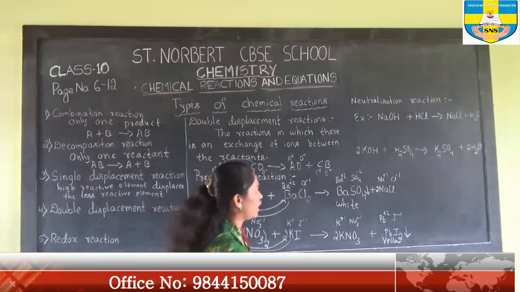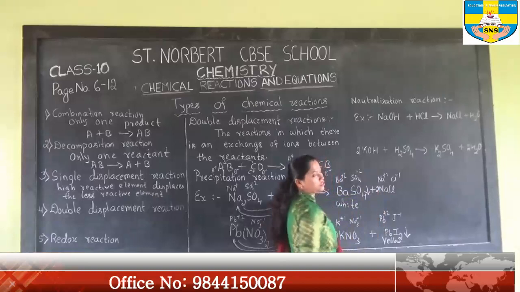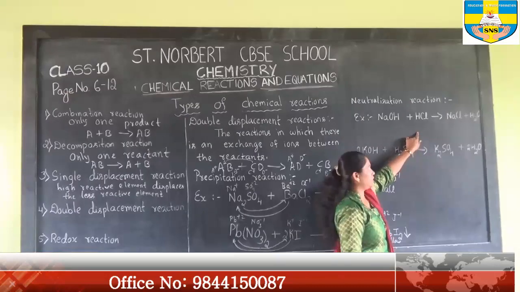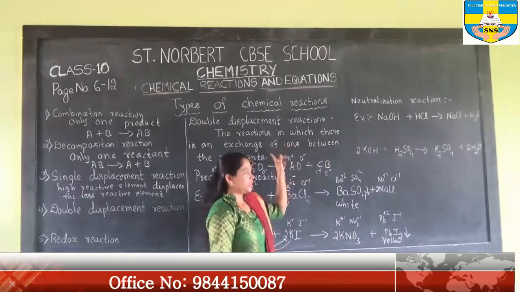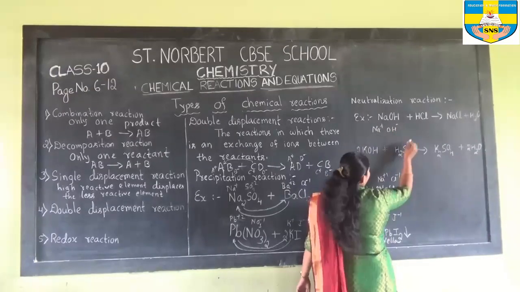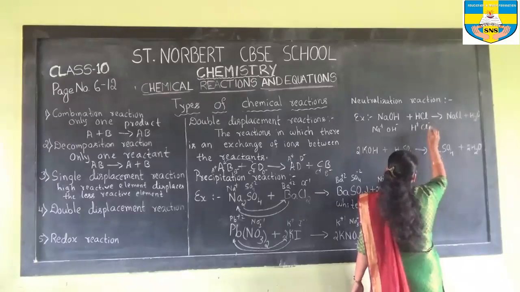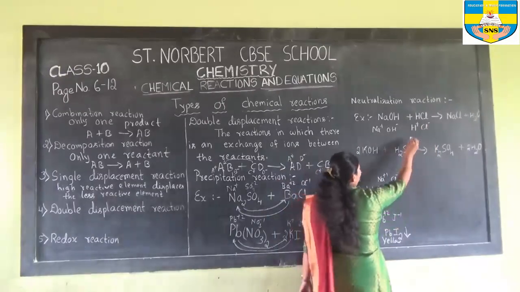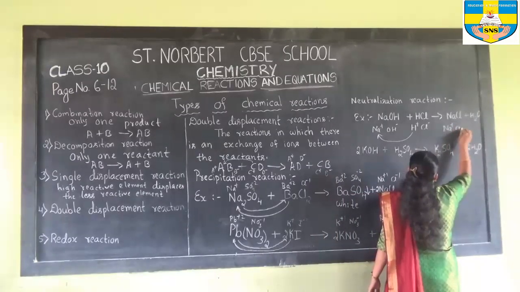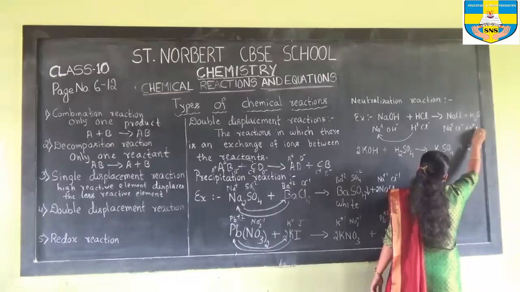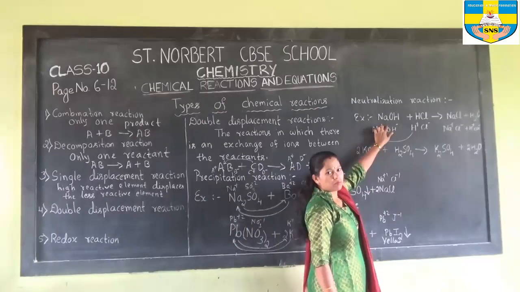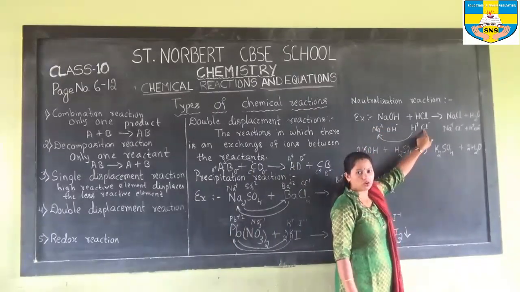Now we will see one more example. Here NaOH, sodium hydroxide, reacts with hydrochloric acid, HCl. So here also an exchange of ions takes place. Na plus OH minus, H plus Cl minus. There is an exchange of ions: Na plus Cl minus, H plus OH minus. So sodium hydroxide reacts with hydrochloric acid.